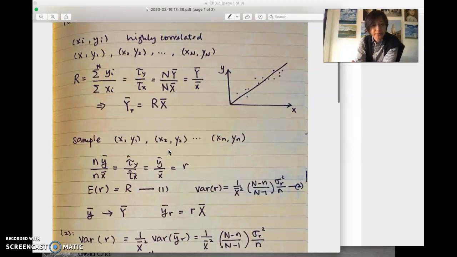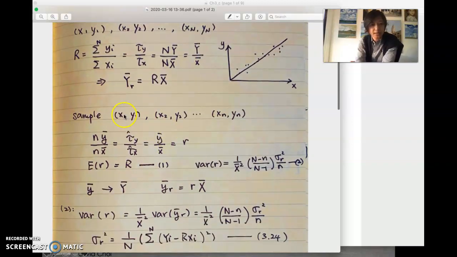In the sample, I could also obtain a set of xi, yi, up to our sample size n. And then we can obtain our estimate r from our sample y bar to the sample x bar.